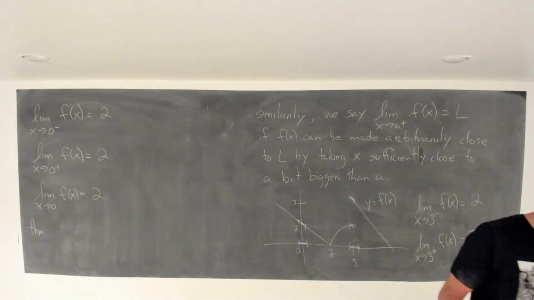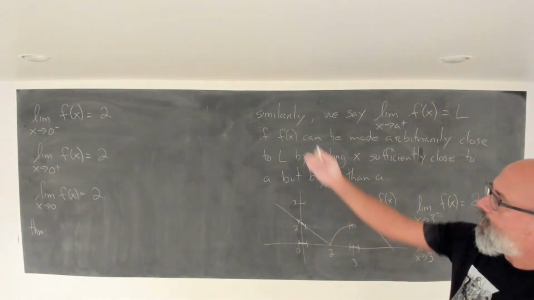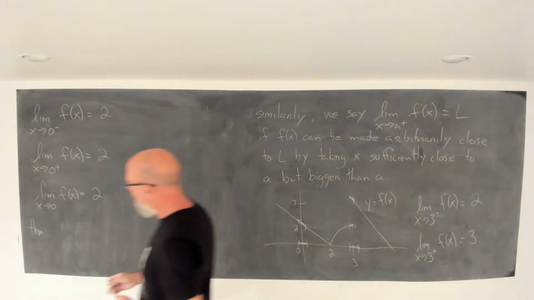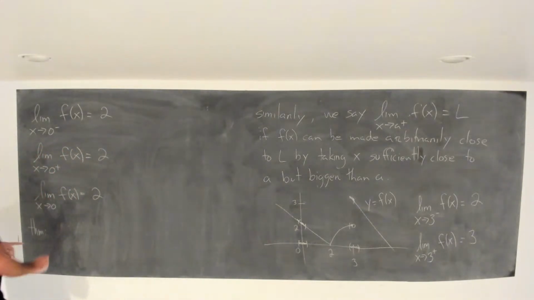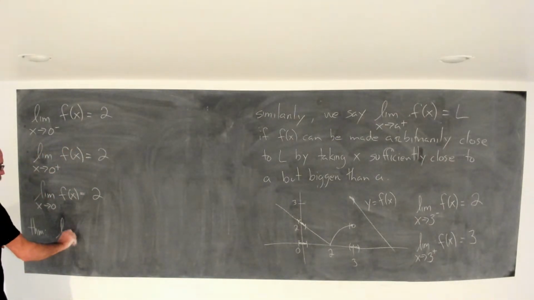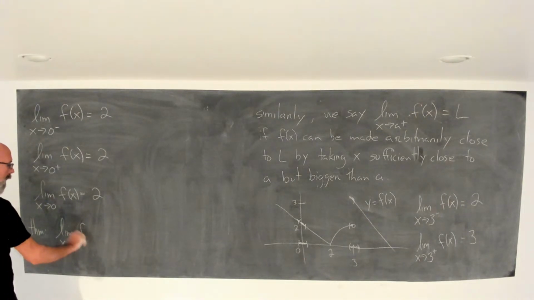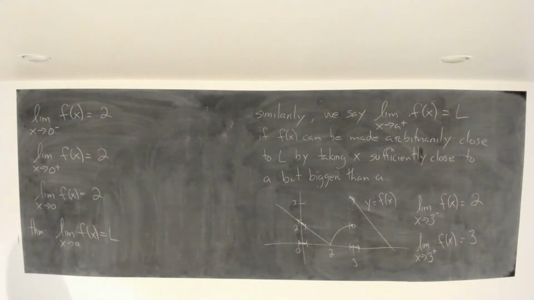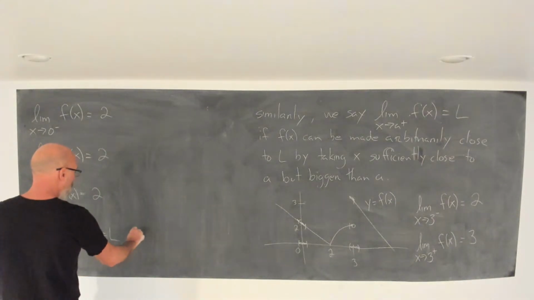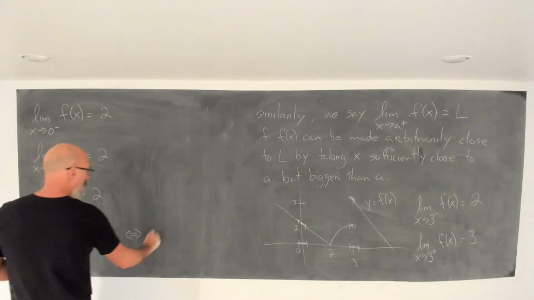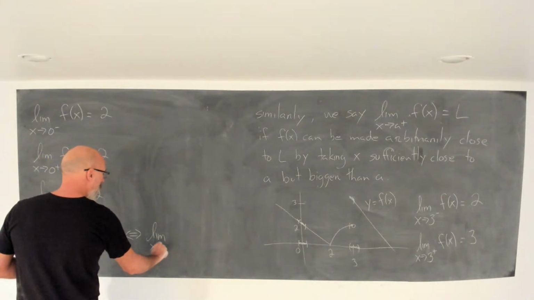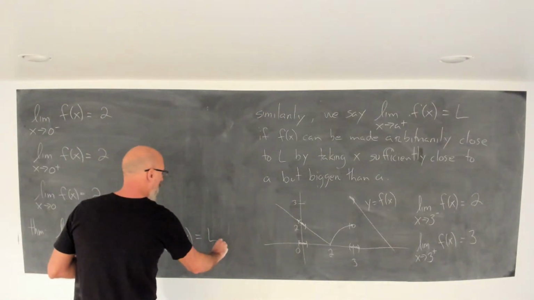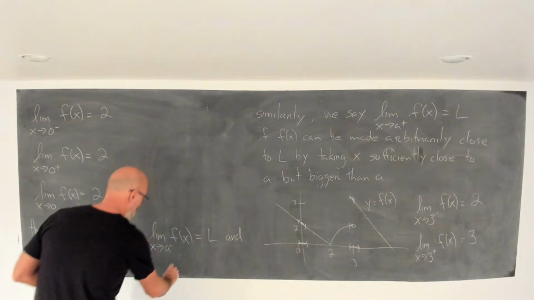Not really surprising, but since we have now defined left and right-handed limits, we're going to say the theorem: the limit as x goes to a of f of x exists and is L if and only if both left and right-handed limits exist and are L themselves.